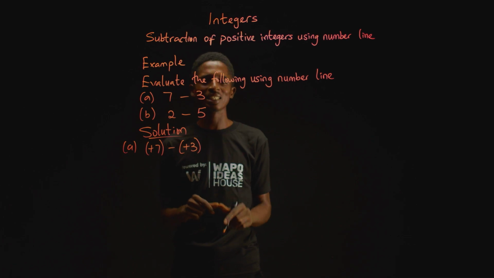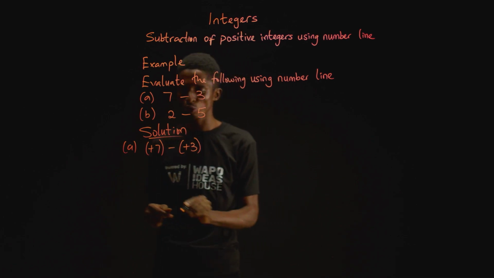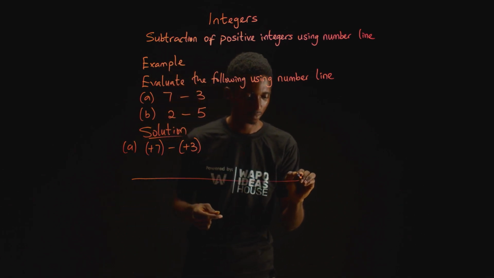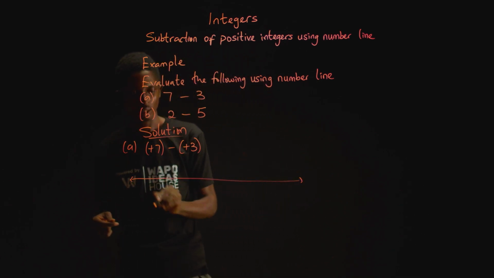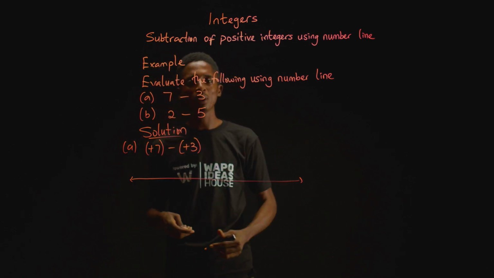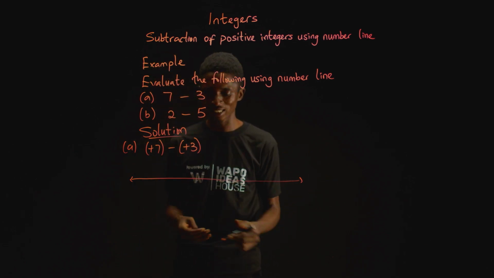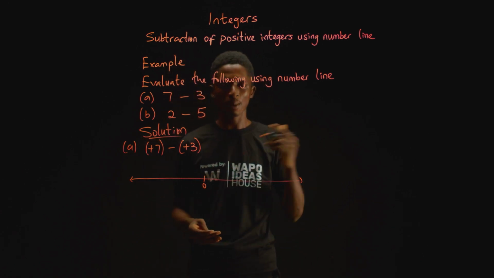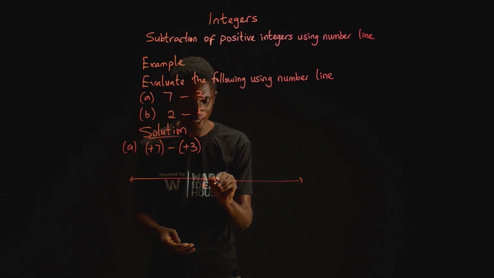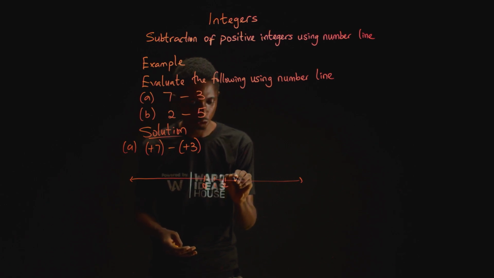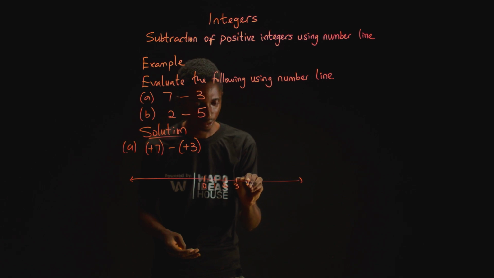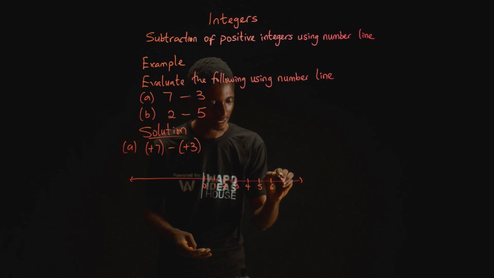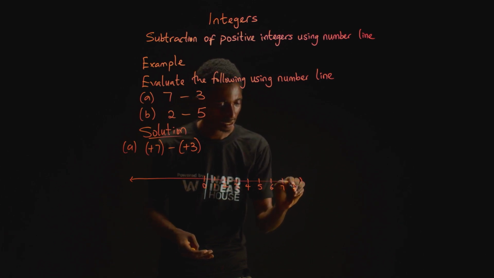Now that we have written it in integer form, we then go on to draw our number line. And on the number line, we're going to place our integers at regular intervals. 0, then we move to the right for the positive integers to get 1, 2, 3, 4, 5, 6, 7, 8.